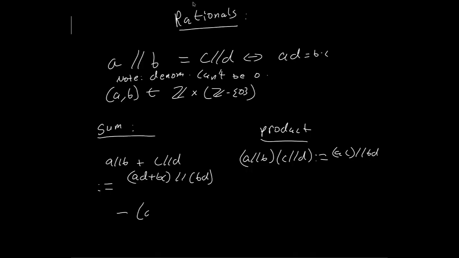And finally, we have the negation of (a, b) defined as (negation of a, b). Now, we can prove that this is well defined by noting that if (a, b) is equal to (a prime, b prime), then we can substitute the expressions, and it all works very nicely.